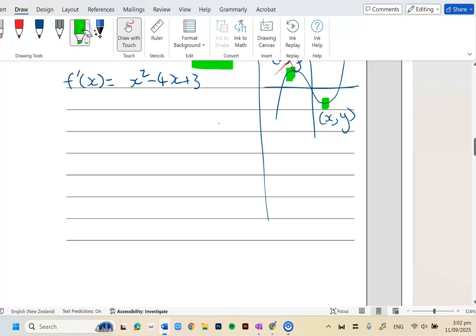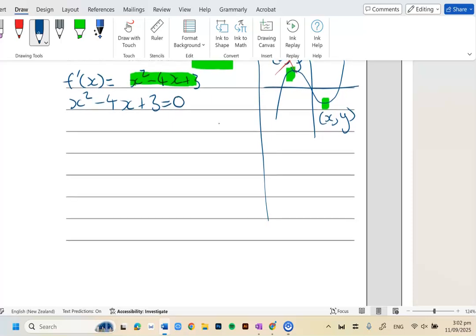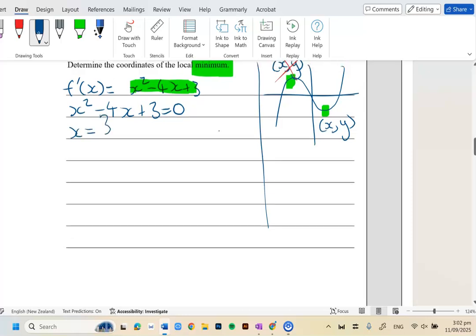Now this is a quadratic equation, so we can make it equal to 0 to find out what our x values are. x squared minus 4x plus 3 equals 0. If you put that into your graphics calculator, or if you factorize it, you should get x equals 3, or x equals 1.